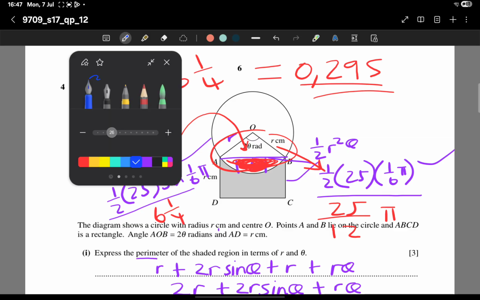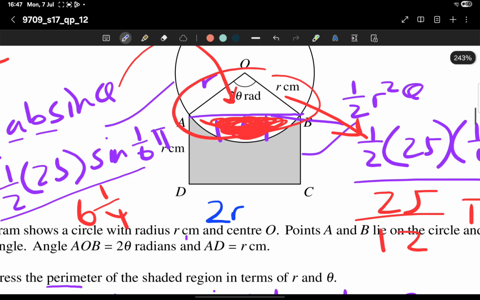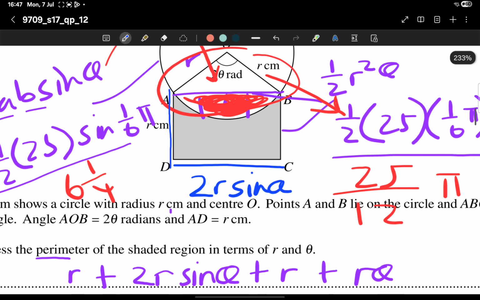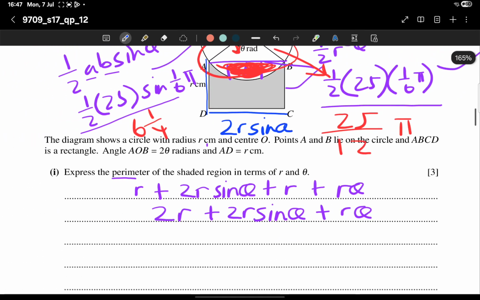Then the area of this rectangle, remember this DC is 2r sine theta, so we're going to multiply that by r, right, to get the area.